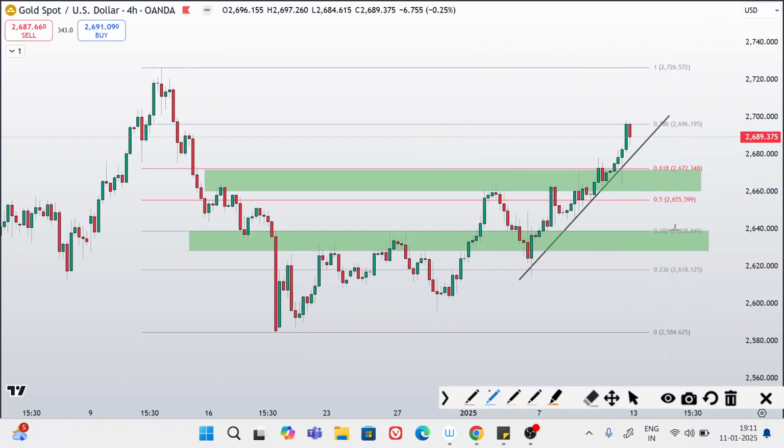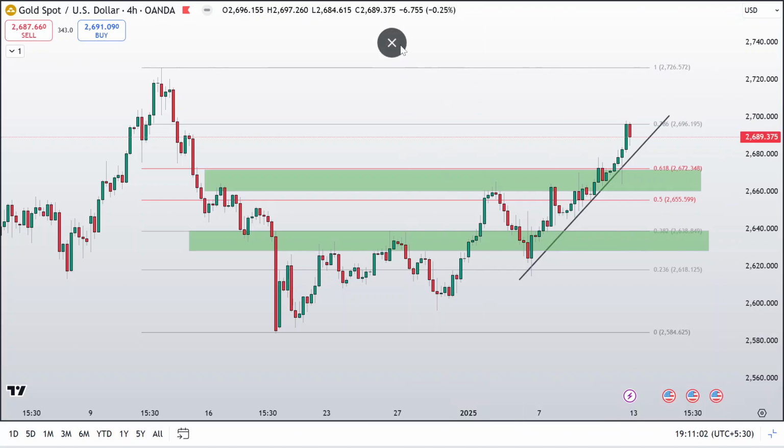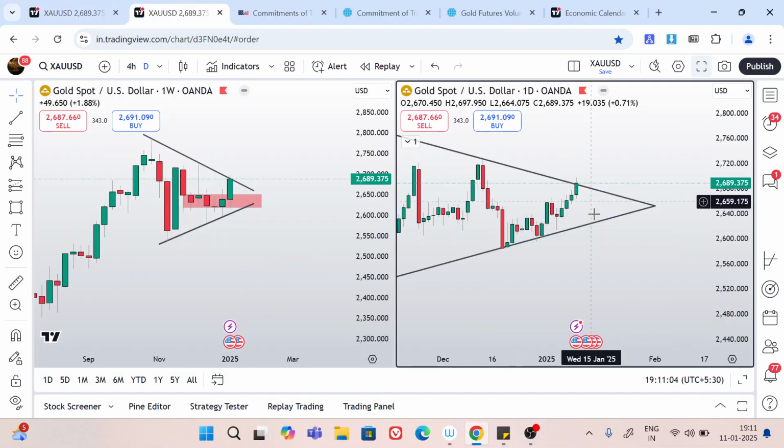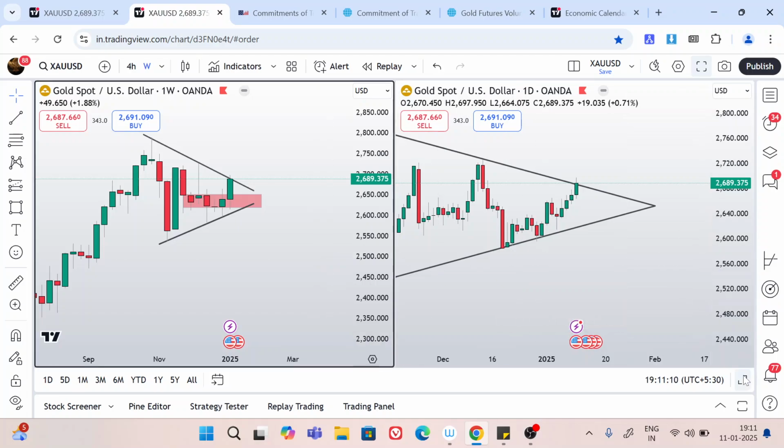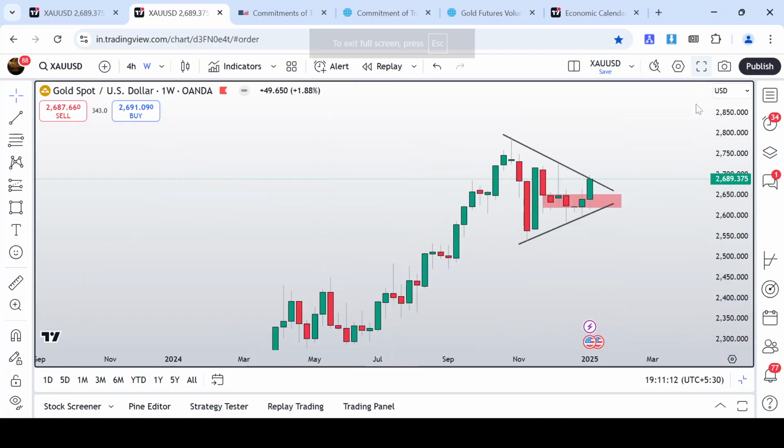And if we check the weekly time frame chart, right over here, the weekly candle is closed with a good bullish confirmation.